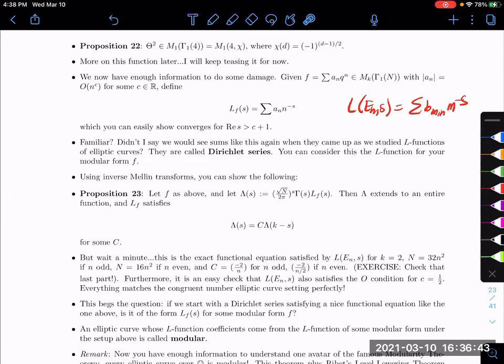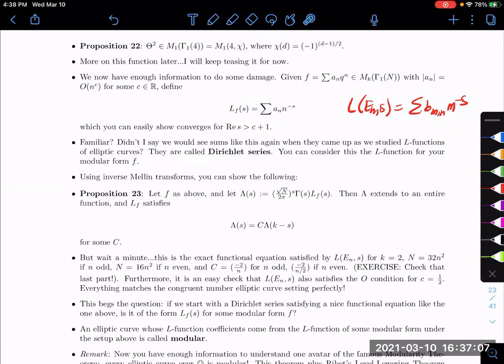So we've got a striking similarity between this so-called L function of a modular form for the subgroup and the L function of an elliptic curve, basically. And as a matter of fact, because of this big O condition, you can show this converges for real part of s bigger than c plus 1, which is great. We don't want to just define an infinite series and then it doesn't converge anywhere.